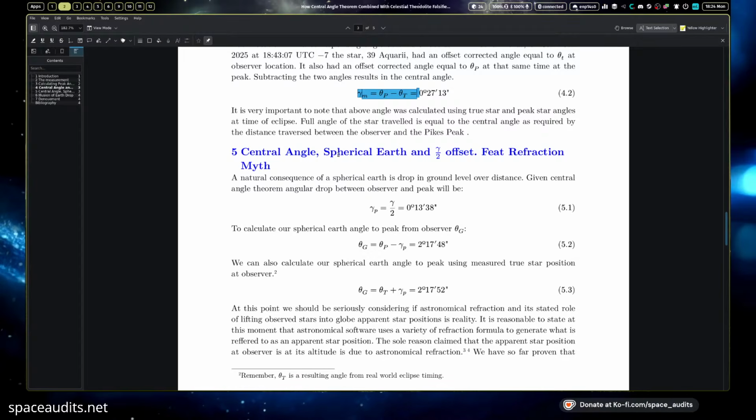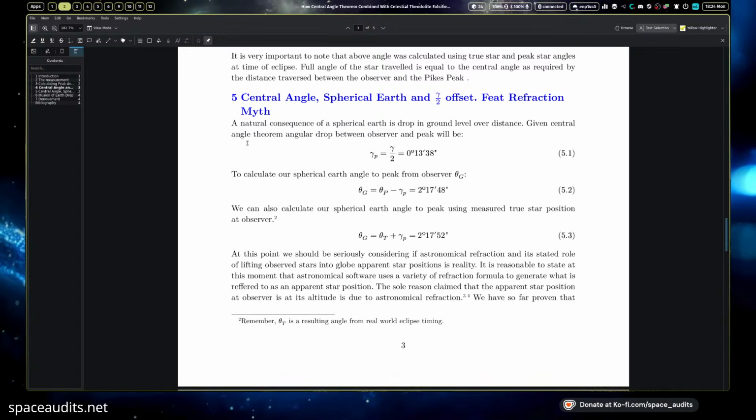So the central angle in spherical Earth and the gamma and half gamma offset, featuring the refraction myth. All right. A natural consequence of a spherical Earth is the drop in ground level over distance. Given central angle theorem, the angular drop between the peak and observer looks like this. The gamma between peak and observer, noted by gamma p, is half gamma.